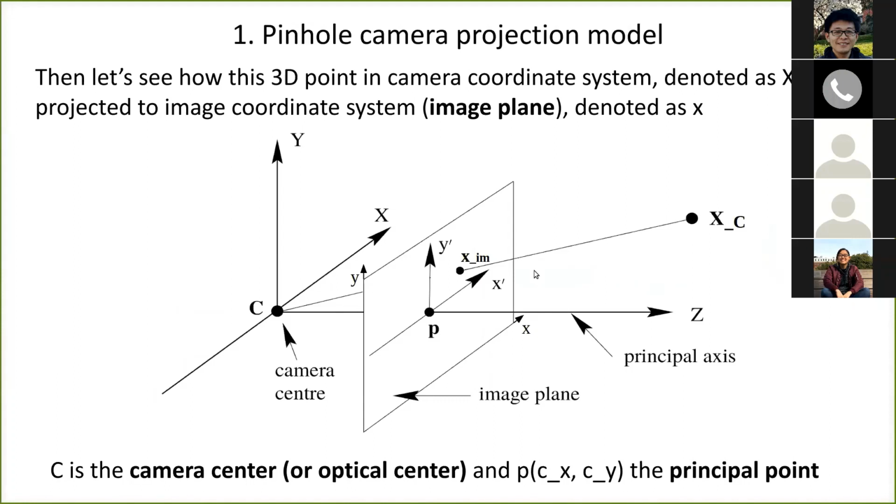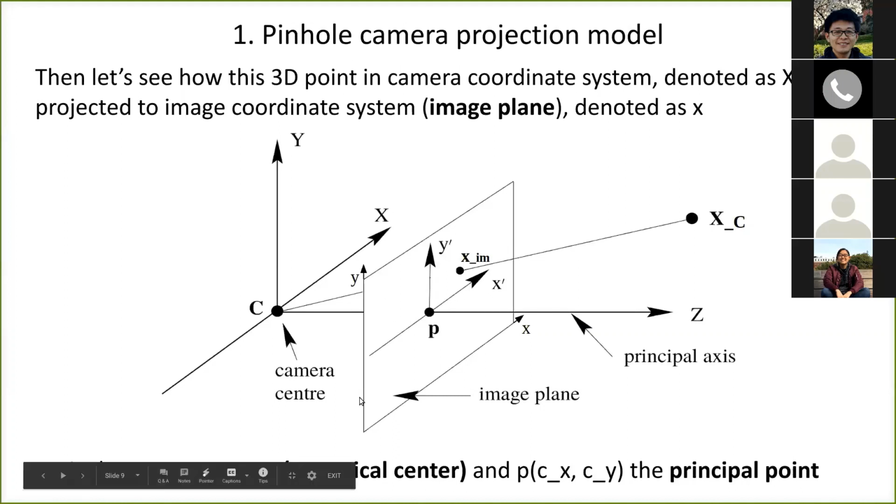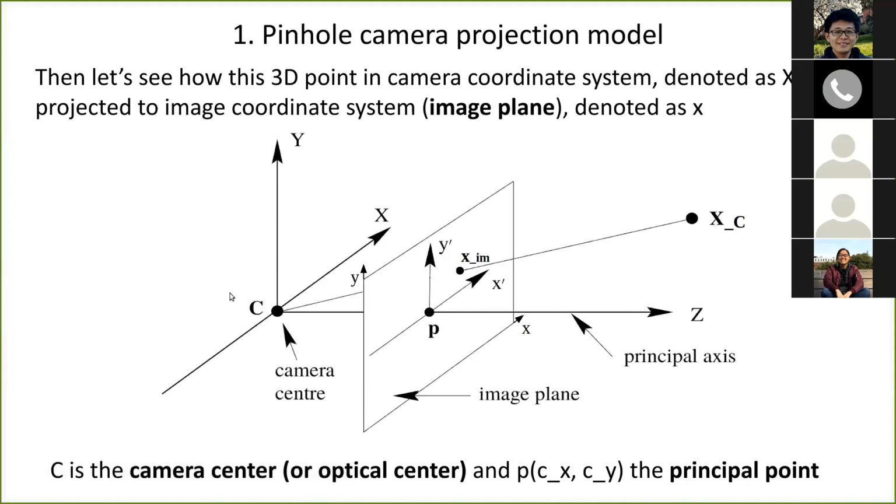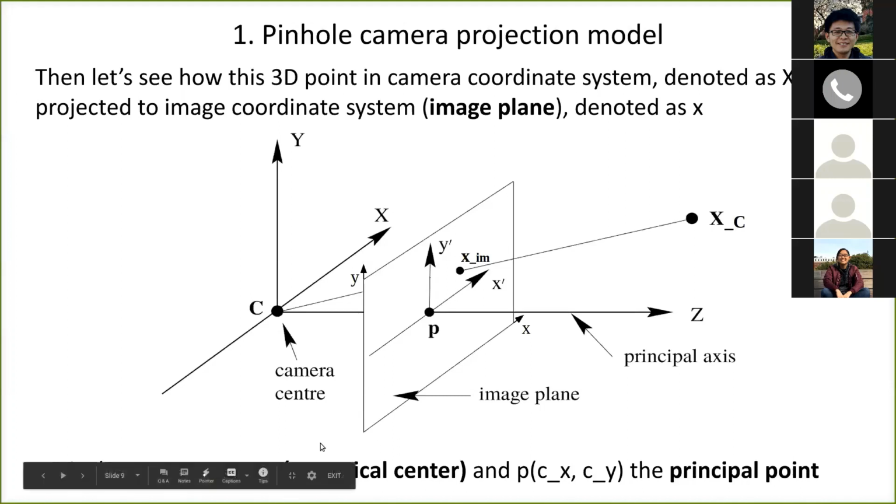So this is another illustration to show this projection process, and we denote the 3D point as XC in the camera coordinate system. And also we denote the image point as X image in the image coordinate system. This is the camera center, and these axes are the camera coordinate system, and this small 2D image coordinate is our final image coordinate system.